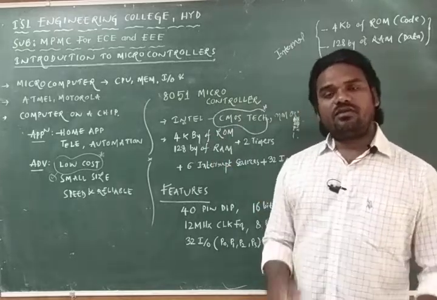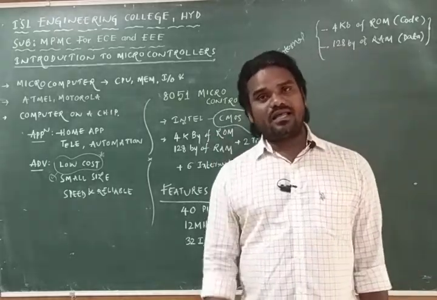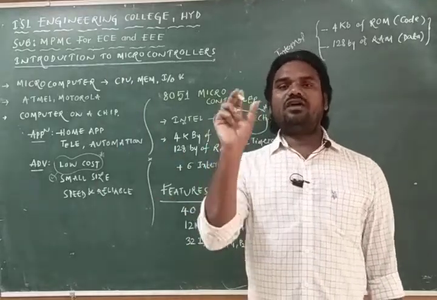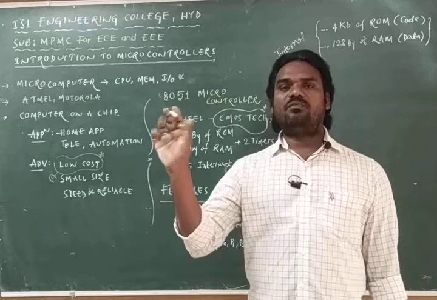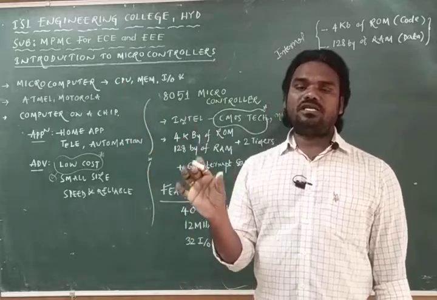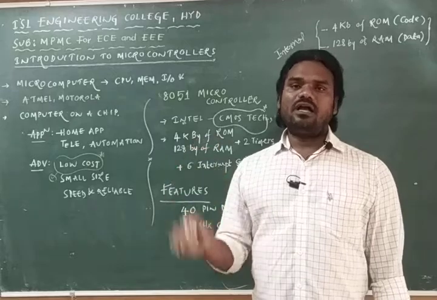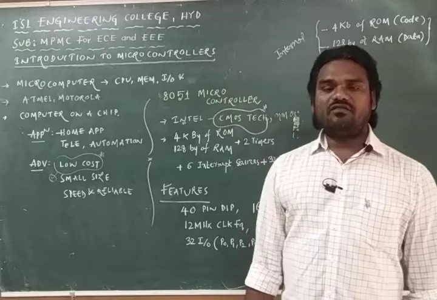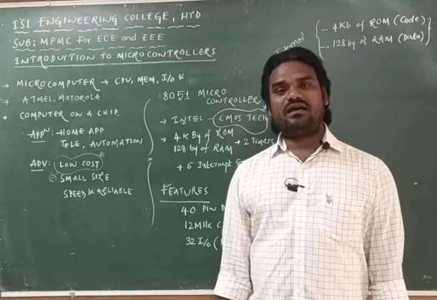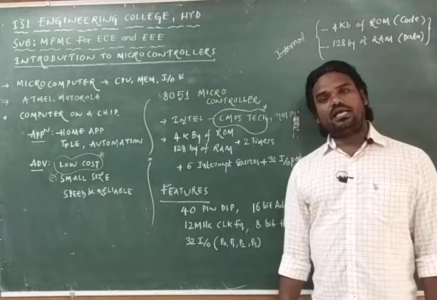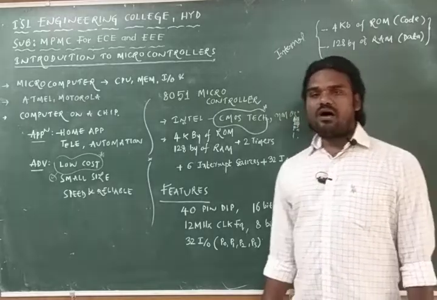As the definition says, a microcontroller is an integrated circuit in which we can find the CPU, the input output devices, the memory, and some special function devices. Internally the 8051 has memory, which can be classified into 2 categories, that is ROM and RAM.